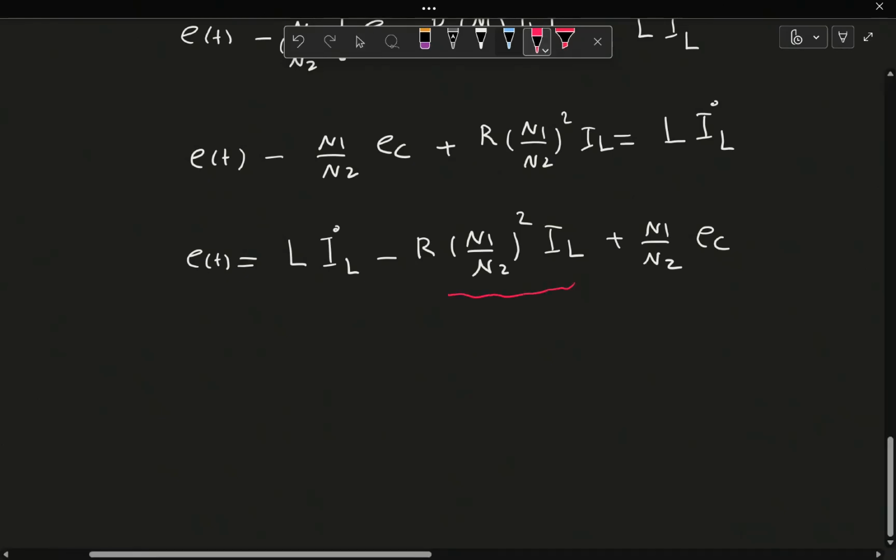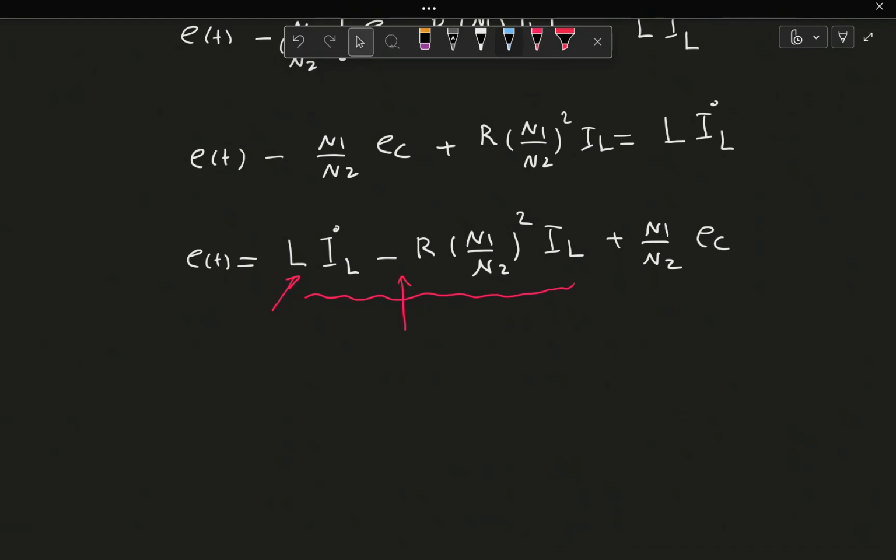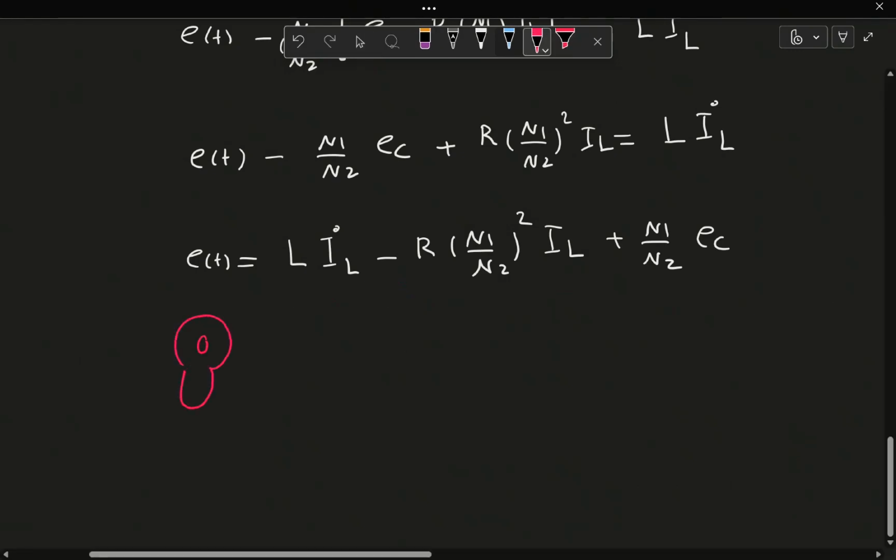Within the family of IL, I have two members, IL and IL dot. And IL dot is positive here, but IL is negative. So I have a sign mismatch. This is the part that I need to be extra careful about, because the signs of my family members do not match.